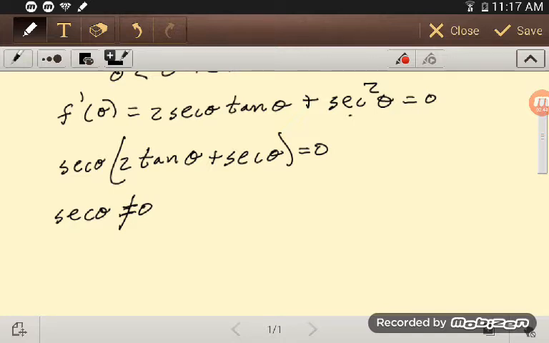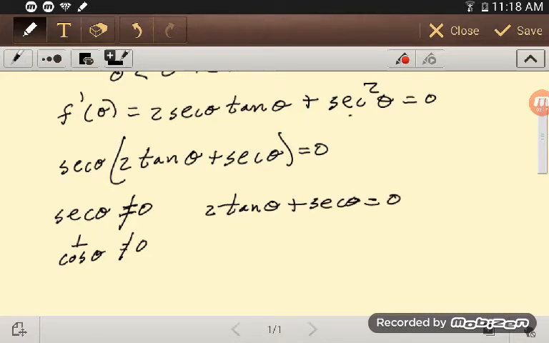Okay, over here on this next one we have 2 tangent theta. So I could come back here and say, well, 1 over the cosine theta, right? That is never equal to 0 because I can't get a 0 in the numerator. Okay, so 2 tangent theta plus secant theta is equal to 0.